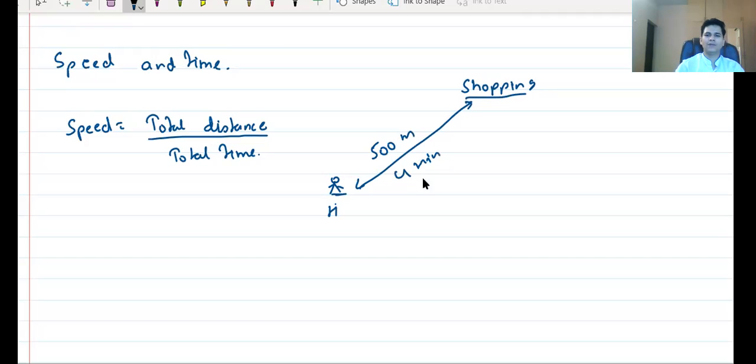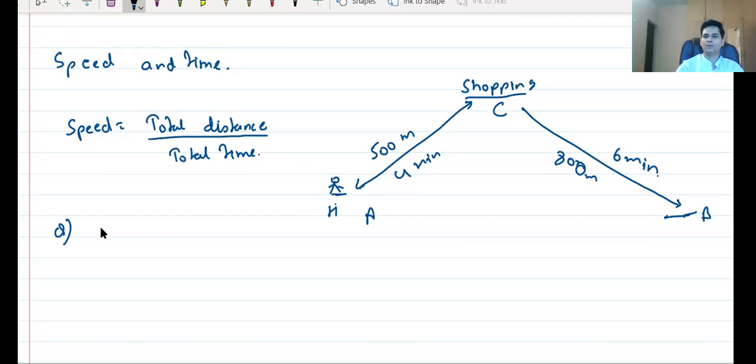Then from the shopping complex, suppose he went to his friend's home, point B. This distance is suppose 800 meter, and the time taken is suppose 6 minutes. So this is point A, this is point C, this is point B. What is the speed from A to C?